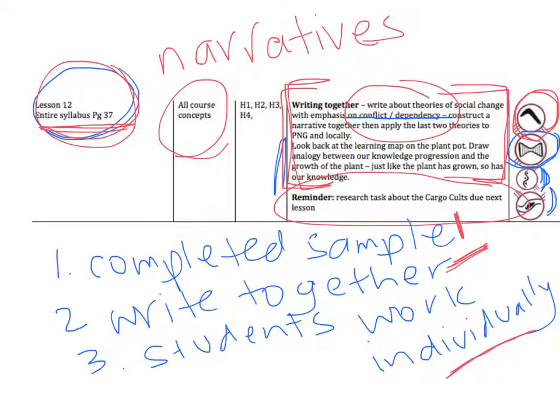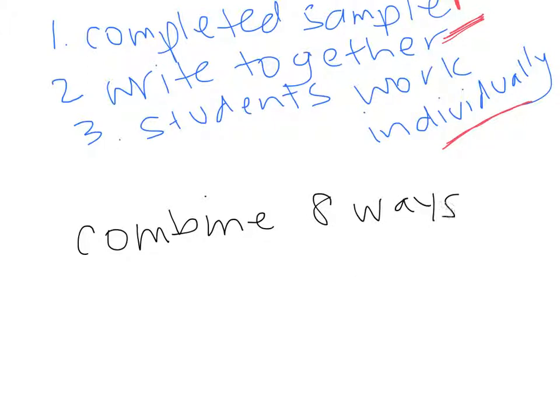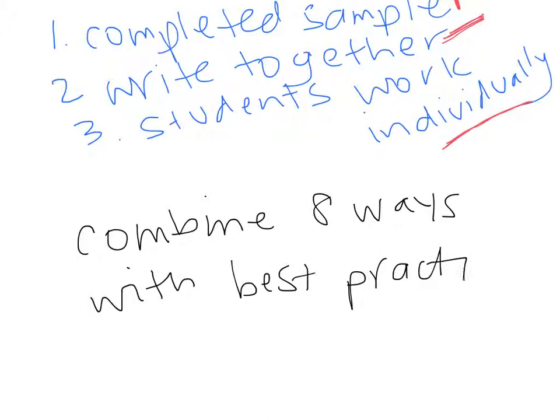And scaffolding, as we know, is a best practice Western teaching technique. So what we're aiming to do in this sort of platform is to combine the 8 ways with best practice teaching. And you can see that's what we're doing.